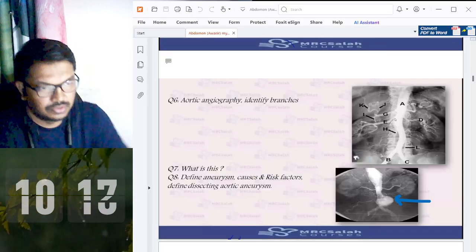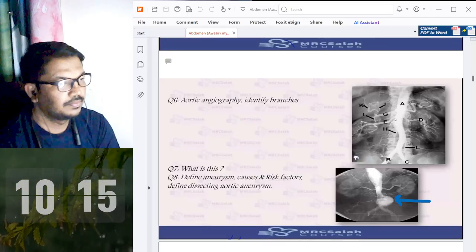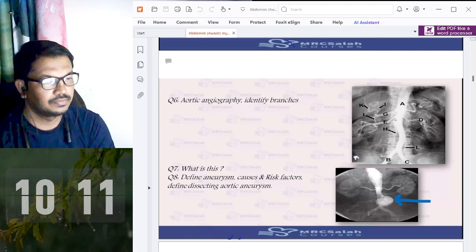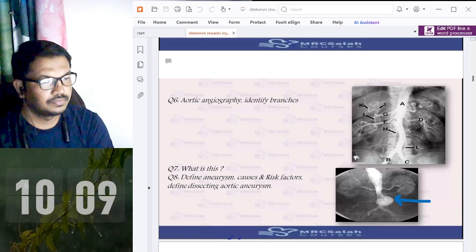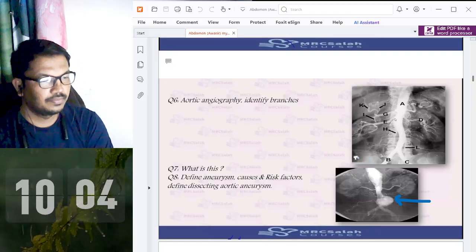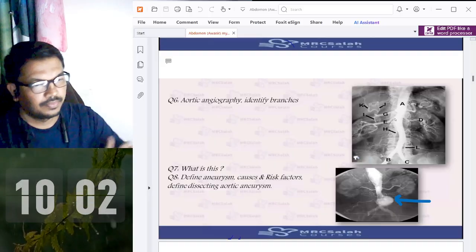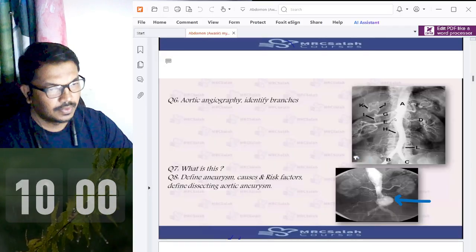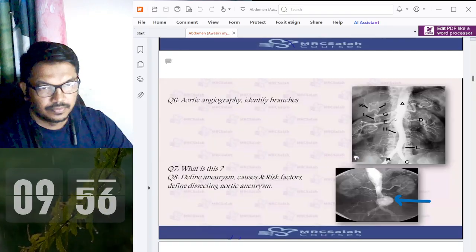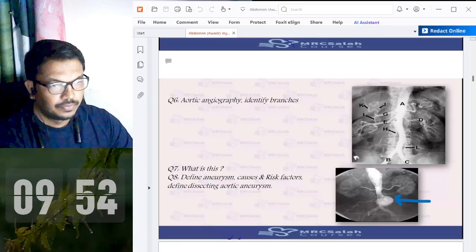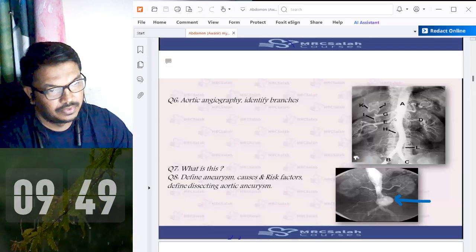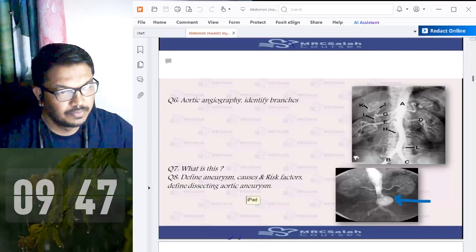And what are the causes of aneurysm? The congenital cause like Marfan syndrome and acquired, secondary to atherosclerosis, traumatic, horse riders, infectious syphilis, inflammatory cause. Okay. What is the pathophysiology of aneurysm?